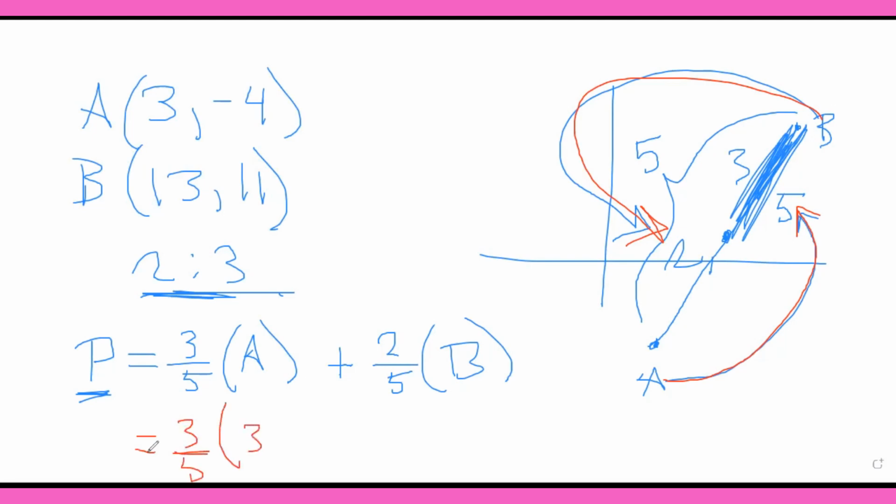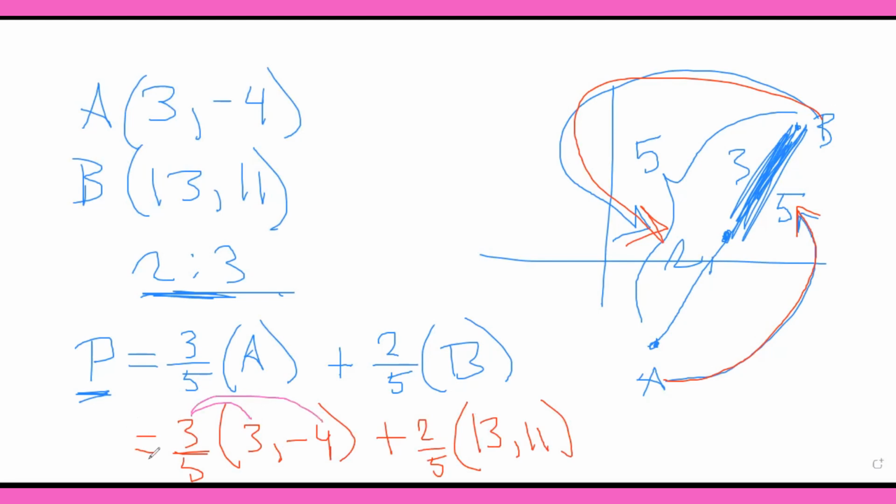So A was (3, -4), and B was (13, 11). It's a little bit more math involved in this way as well. If we're going to multiply one point by this, I have to multiply each of these.